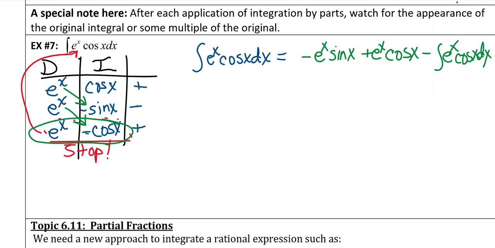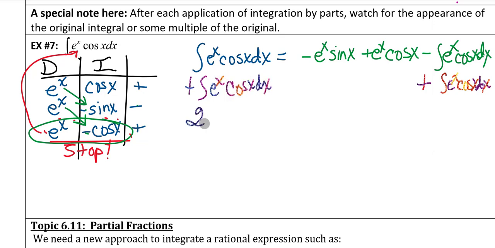So here's the little trick we can do. We'll add this to the other side, because it's an algebraic expression. We'll put it with its like algebraic expression. And so now we have two of these, and we're left with our other two terms that we already integrated.